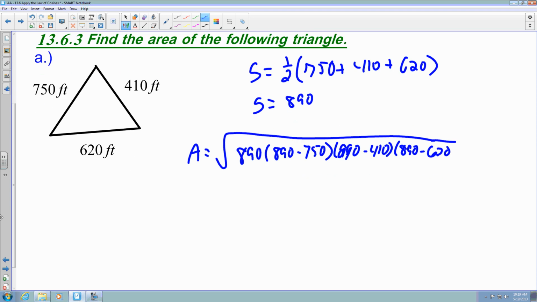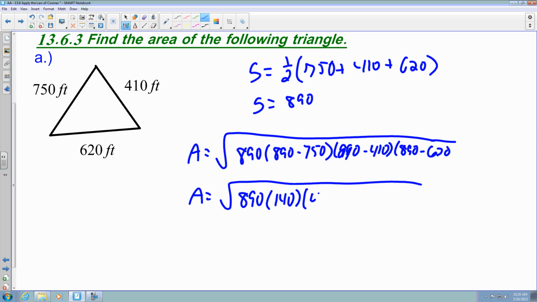Okay, so let's do the math here. So I got 890 multiplied by 890 minus 750, which gives me 140. And then 890 minus 410 is 480. And then 890 minus 620 is 270.